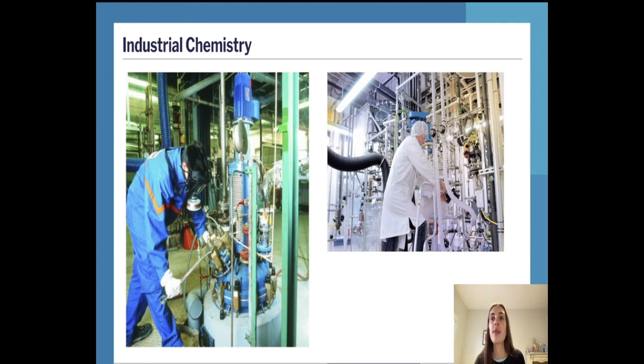So this can be done using distillation. They're then converted into hydrocarbons which are going to be more useful to the chemical industry. So these are going to be branched chain alkanes, alkenes, and aromatic hydrocarbons.